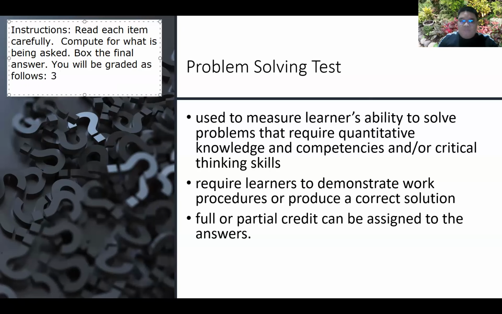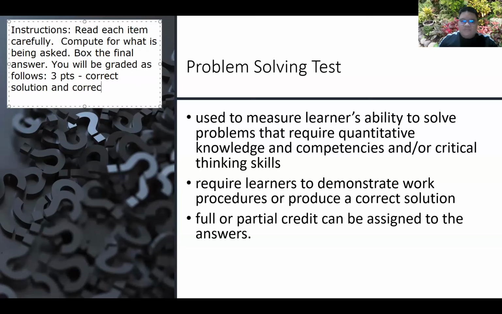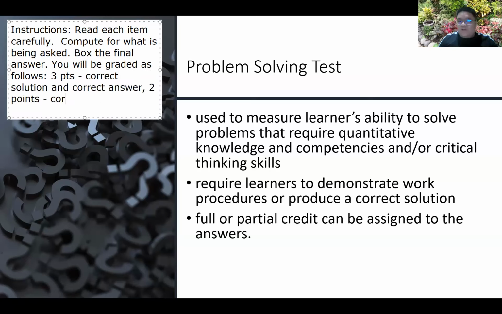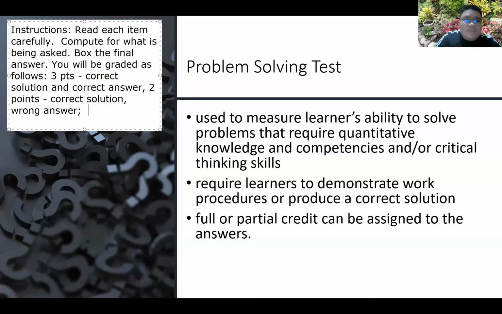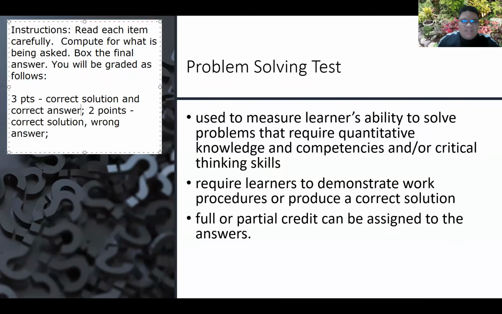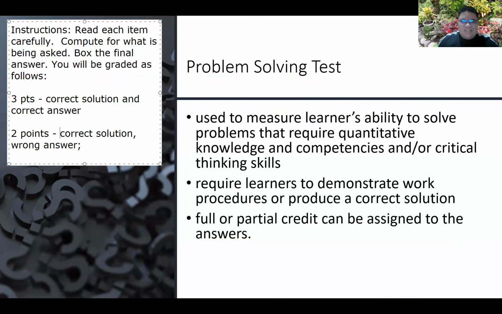Okay? 3 points: correct solution and correct answer. 2 points: correct solution, wrong answer. Okay? Sorry, dapat semicolon para hindi ma-confuse ang student. Or kapag hindi naman kaya, pwede naman i-enter natin para another line siya.